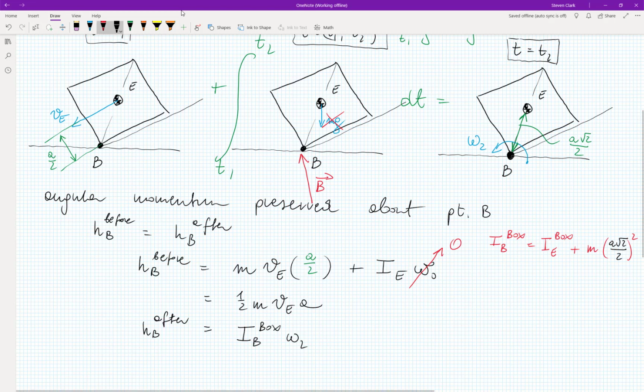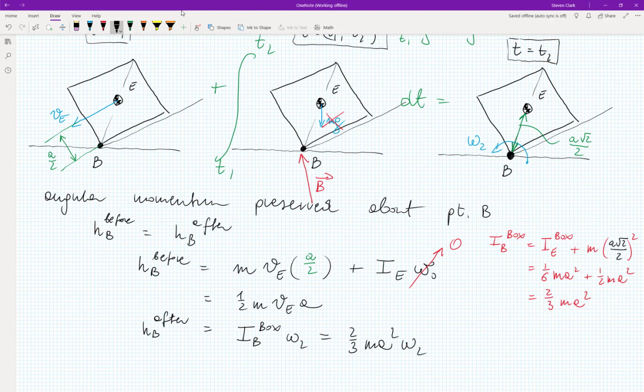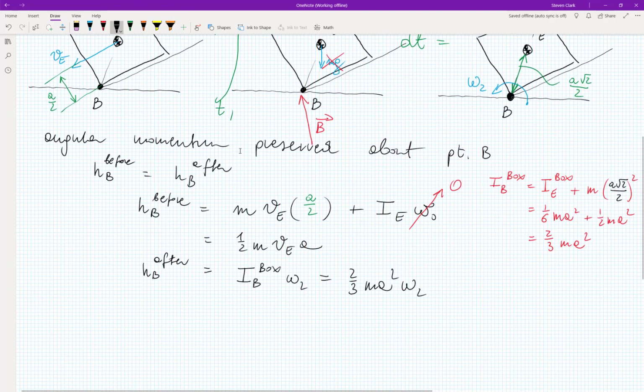So in here we'll end up with 1 divided by 6 MA squared plus 1/2 MA squared. And this is, I believe, 2 divided by 3. Yes, I think so. So our momentum after is 2 divided by 3 MA squared omega 2. So now let's equate these two things to each other.